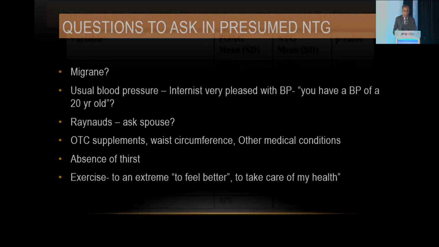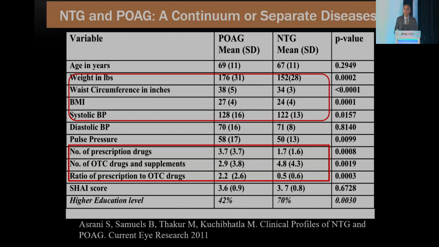That is unusual. And this is based on a study that we had done in 2011, where we found that the weight, the waist circumference, the BMI, all differed. The number of prescription drugs was 1/3 the number of supplements. And another thing was the higher education level.